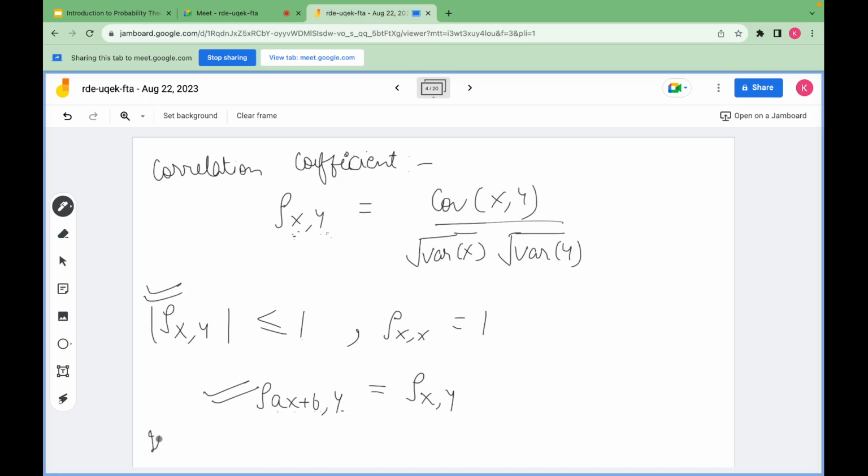And if X and Y are independent, then the correlation coefficient for X comma Y is equal to 0, but the converse is not true.